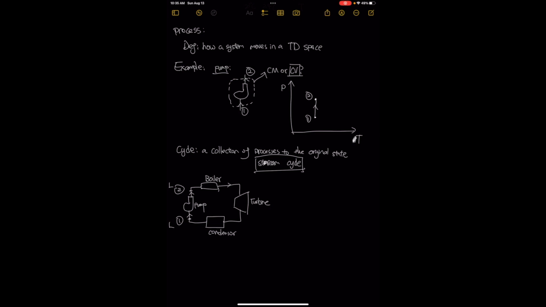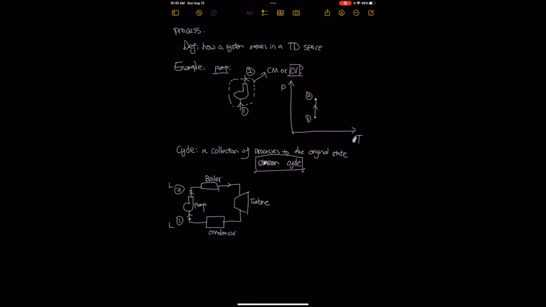The boiler increases the temperature of water. Some of you may wonder, what about pressure? Should the pressure also be increased? The answer is typically no, because when we convert water from liquid to vapor, the vapor can expand. There's a lot of room for vapor to expand, so the pressure doesn't really increase in that case.